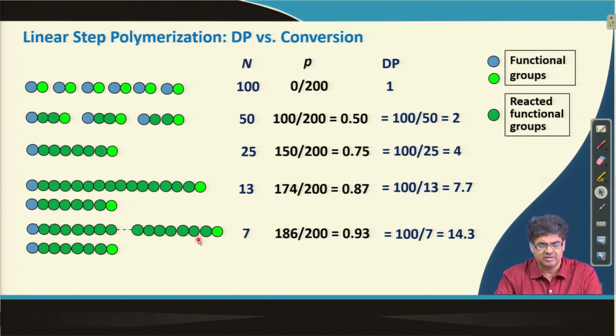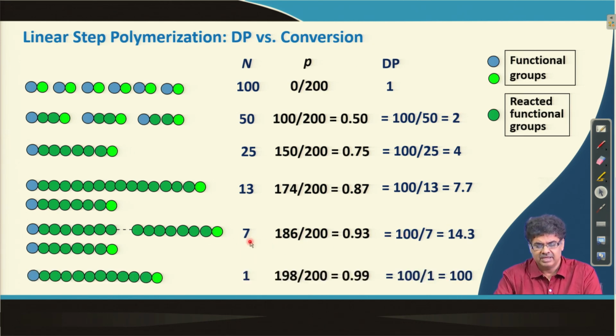Similarly, if you just proceed, when all the molecules have reacted with each other, two unreacted functional groups remain. So, basically 198 functional groups have reacted, p is 0.99, and the number of structural units in this molecule is 100. So, the degree of polymerization is 100.